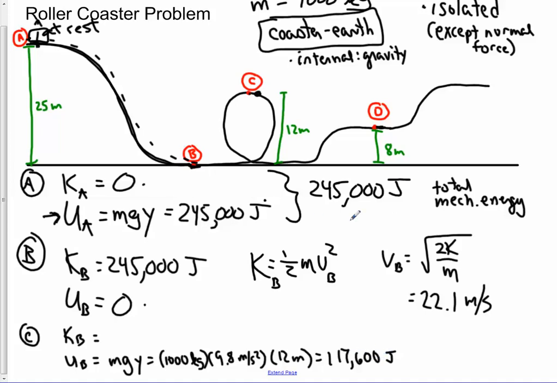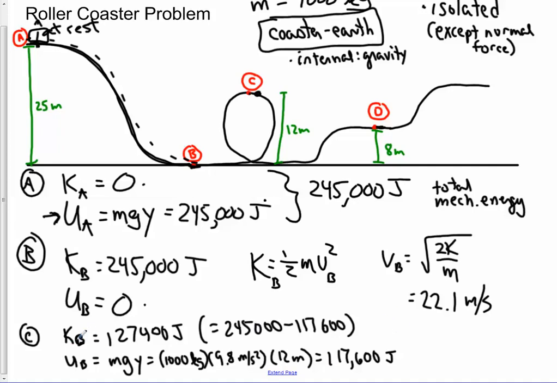But again, we know we have to have 245,000 joules in total, so kinetic must account for the rest. So it'll have some kinetic energy. 245,000 minus 117,600 is 127,400 joules. What I'm doing there is 245,000 minus 117,600, because I know it has to add up to 245,000.